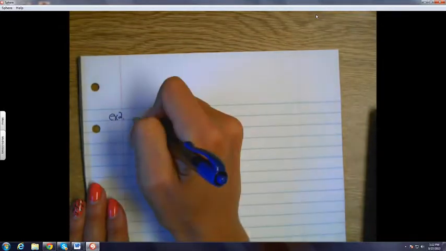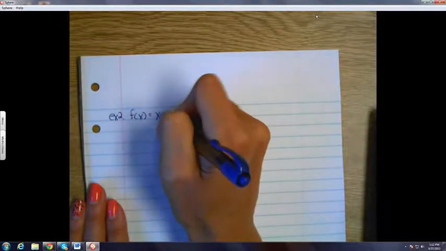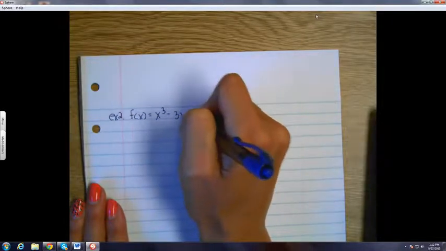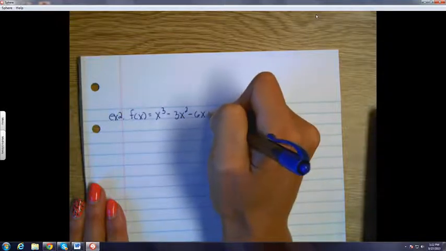Example 2. F of x equals x cubed minus 3x squared minus 6x plus 8.